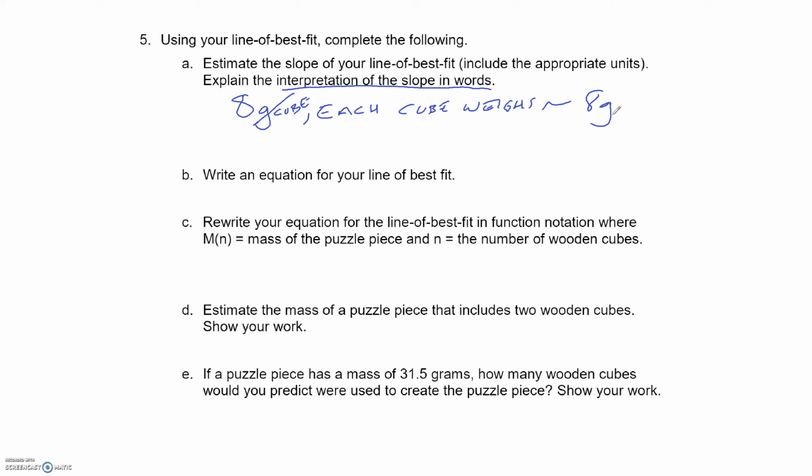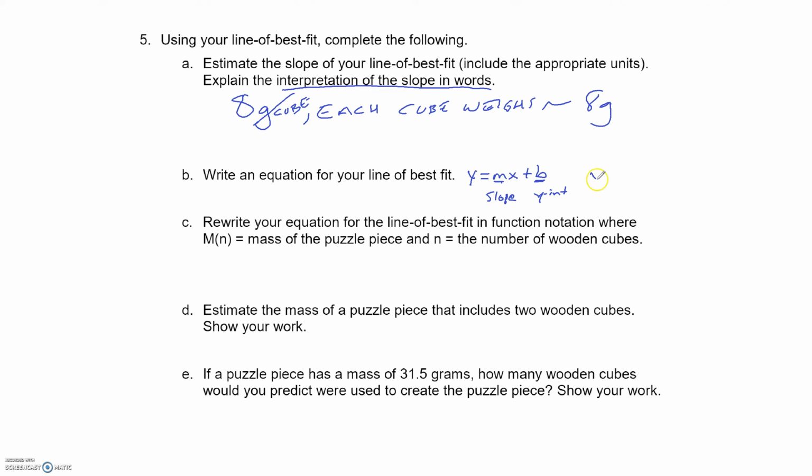So an equation for our line of best fit, if you remember in algebra, you had this y is equal to mx plus b, where m is your slope and b is your y-intercept. Okay, so plug in our numbers.